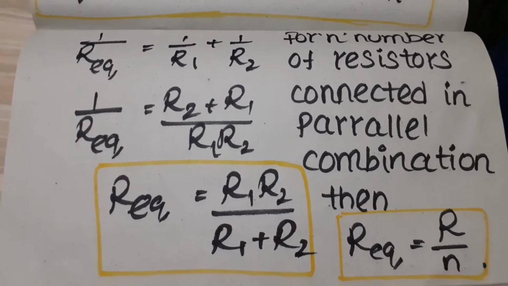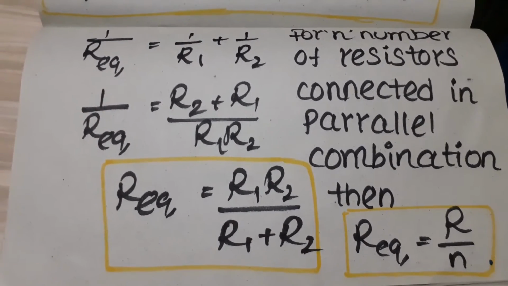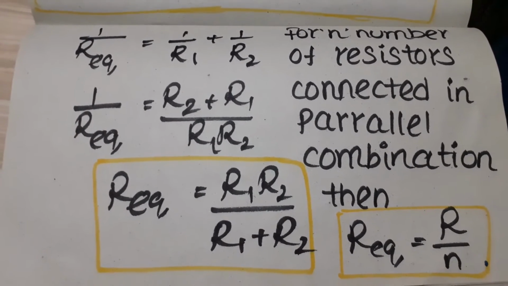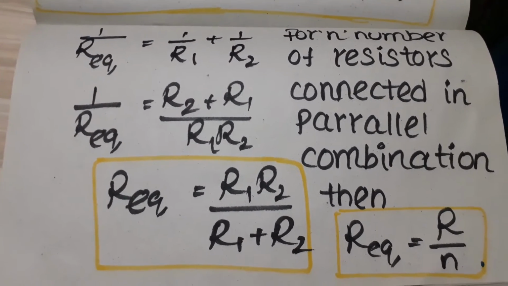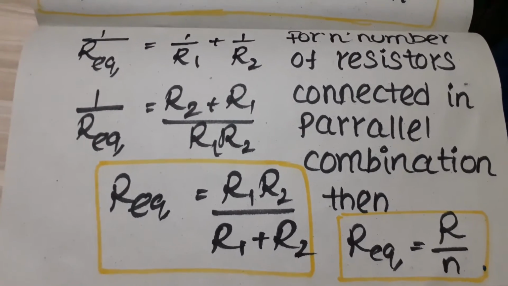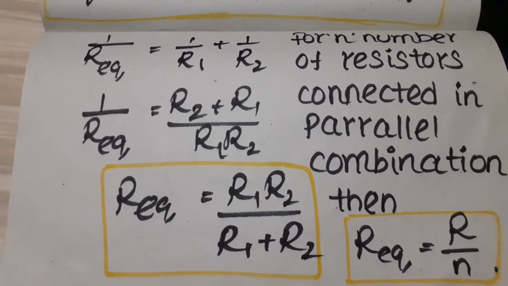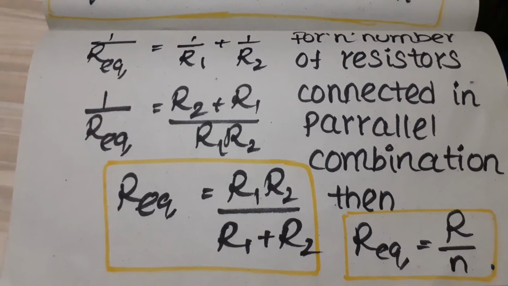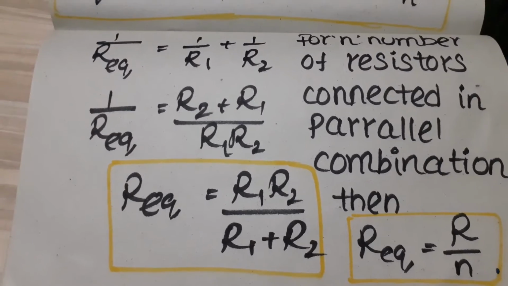So when resistors are connected in series, the equivalent resistance is 6 ohms. When the same resistors are connected in parallel, the total equivalent resistance is 1 ohm. Which is greater? When resistors are connected in series, we get the maximum resistance value. When connected in parallel, we get the minimum resistance value.